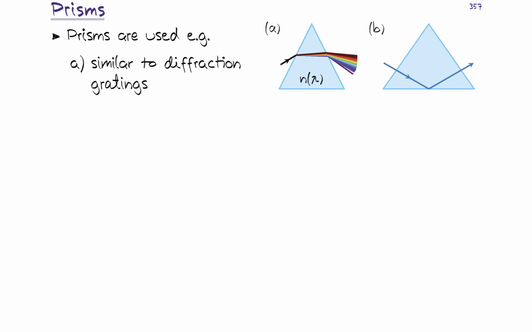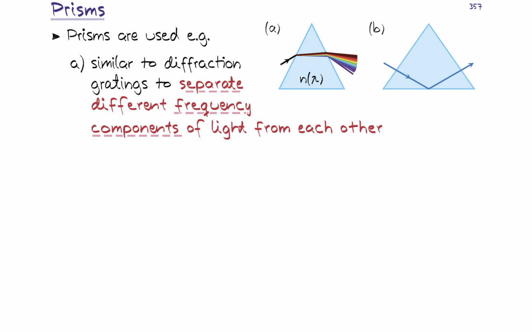If you're using prisms as a dispersive medium, we can use them similarly to diffraction gratings. Like I already mentioned, we can separate the different frequency components of light from each other, so that we can make spectrometers. We could also make monochromators, and then make spectrometers based on monochromators.